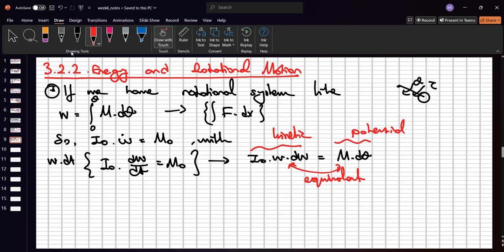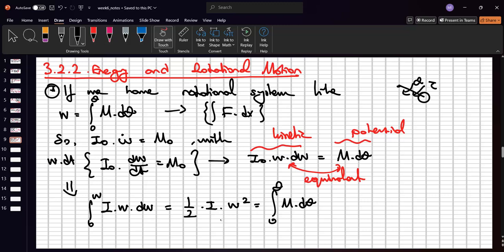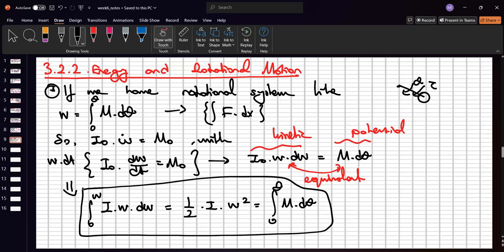And so if you want to obtain the kinetic energy in here, or the rotational kinetic energy, then the integral 0 to W of I W dW is equals to what? The 1 divided by 2 times I times W square is equals to the integral 0 to theta of M d theta, right? These are the basic form to build the rotational kinetic energy in here.